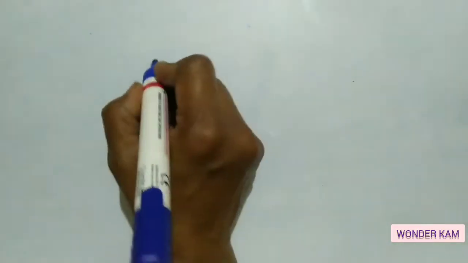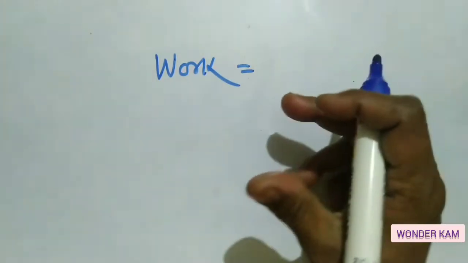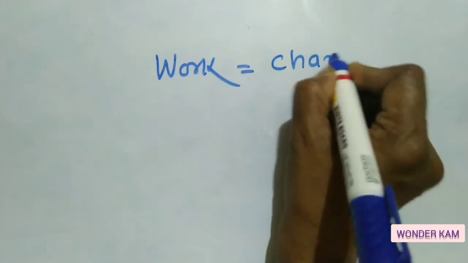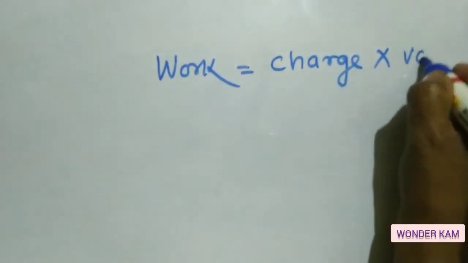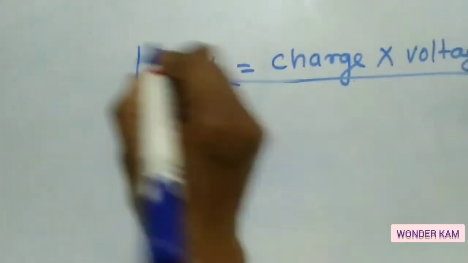The total amount of electrical work involved in the cell is the product of the charge and the voltage, or the potential or EMF, of the cell.